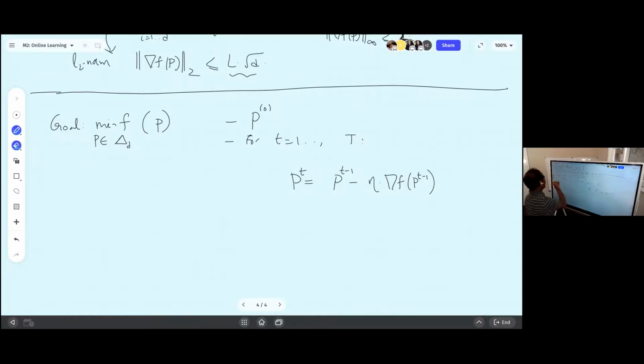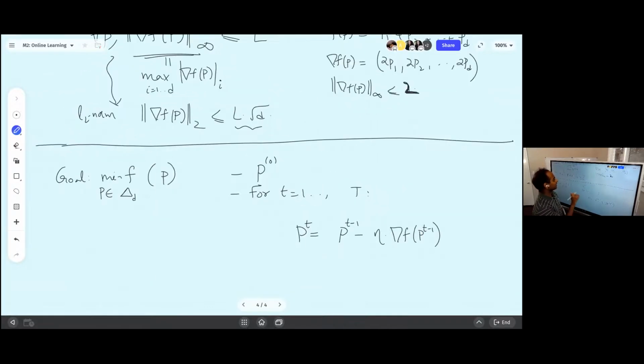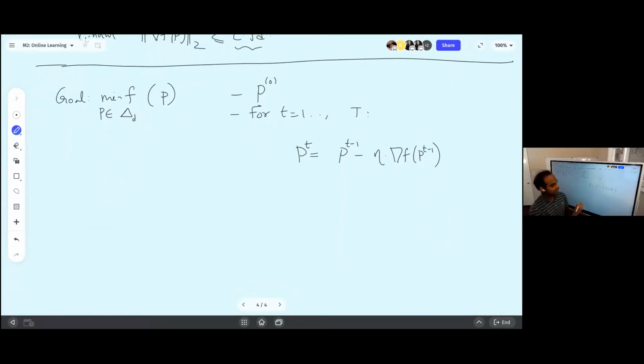And now, inspired by the multiplicative weights update method that we just saw, I'm going to talk about a variant of this algorithm which gives you a much stronger guarantee for the specific optimization problem. So instead, here you're doing an additive step along the negative of the gradient.